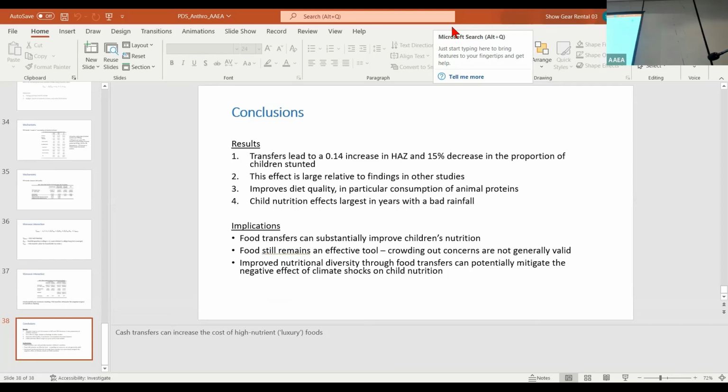But the other mechanism that we explored is the labor market, where we find really big effects on wages of poor households. So increase in wages improves earnings for labor suppliers, and we find this multiplier effect.